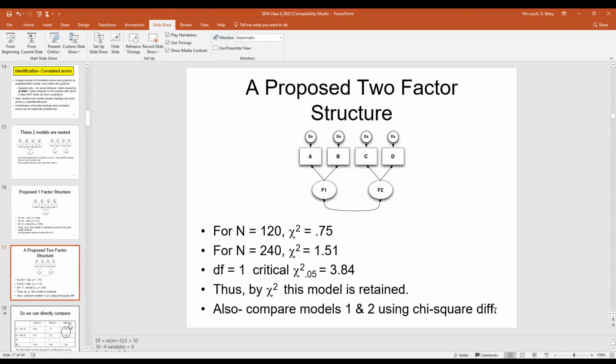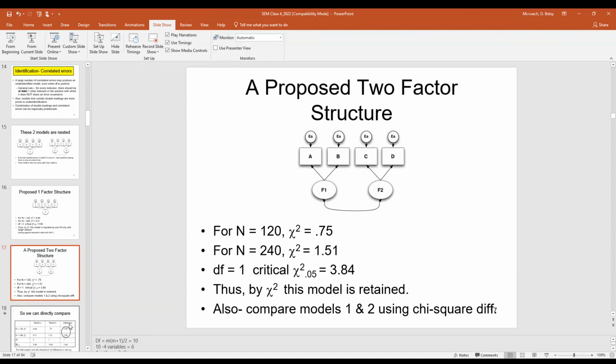Now, let's fit the two-factor structure. And after that, we'll do a test of nested models. So for an n of 120, the chi-square is 0.75. And for an n of 240, the chi-square is 1.51. In both of these cases, because it's a two-factor model, I now only have 1 degree of freedom because I ate up a degree of freedom estimating that correlation.